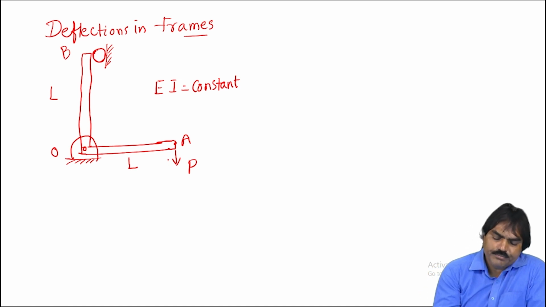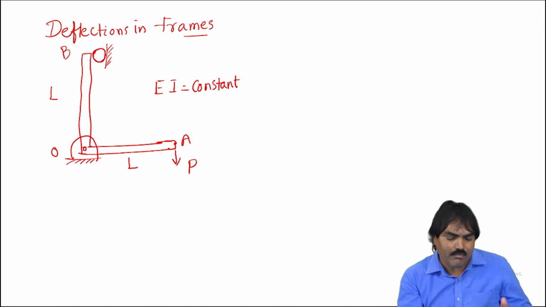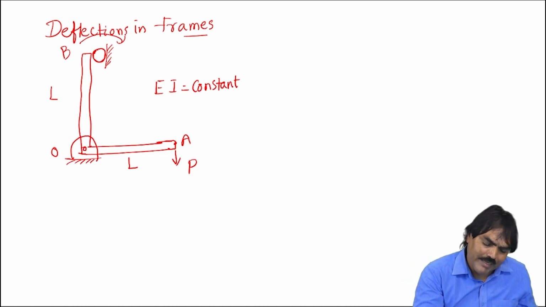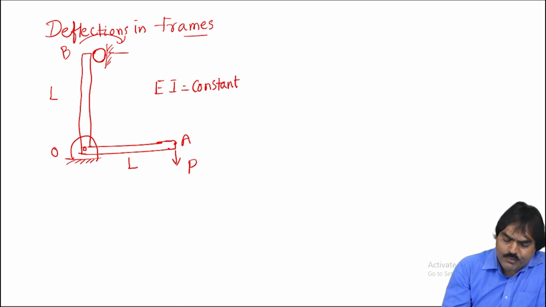Now, when we apply load here, this B point will try to rotate clockwise, but the roller is opposing. So the roller will induce a reaction R here.